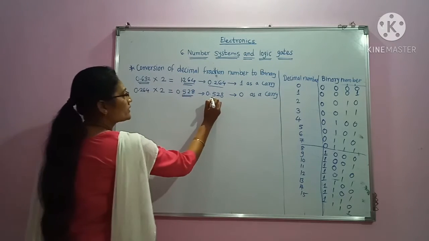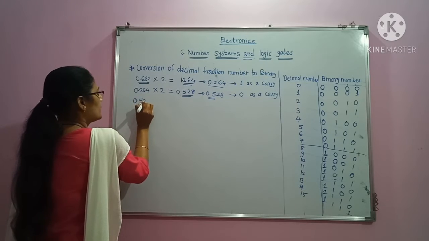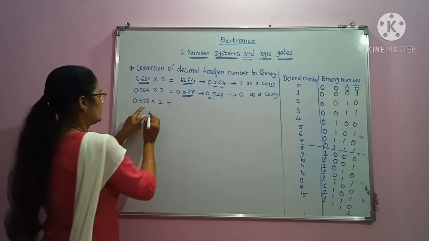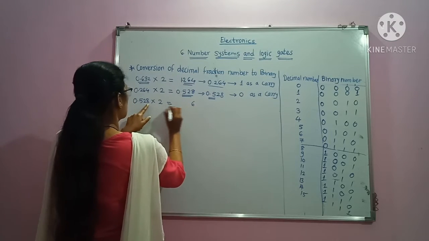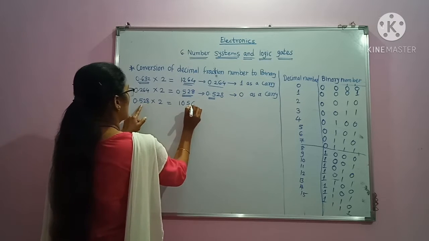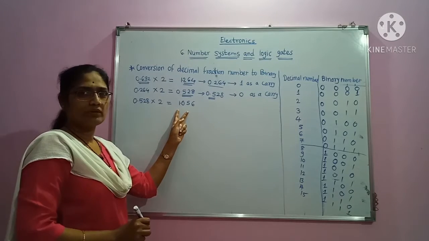Again I have obtained this fraction. So I have to multiply the given fraction again by 2. So I have obtained this number.